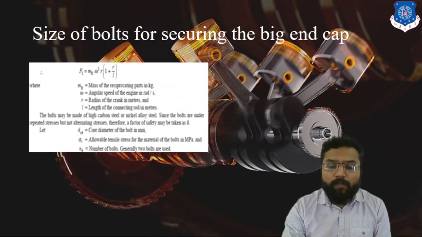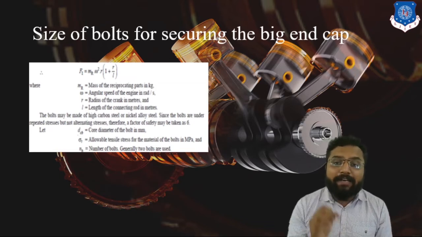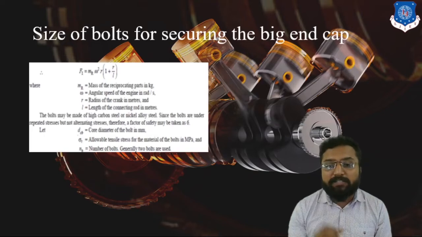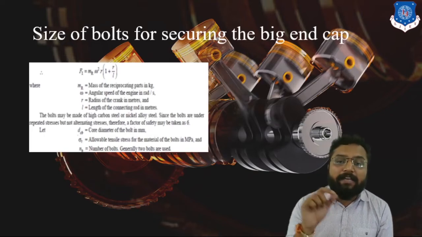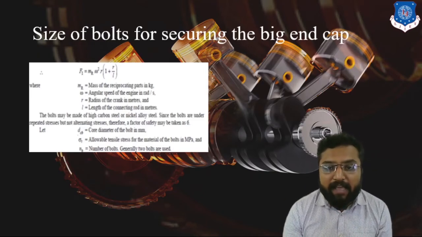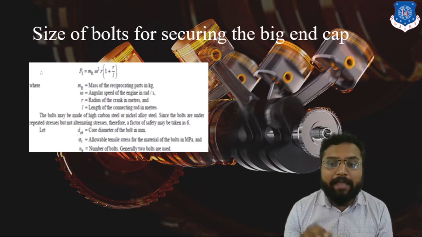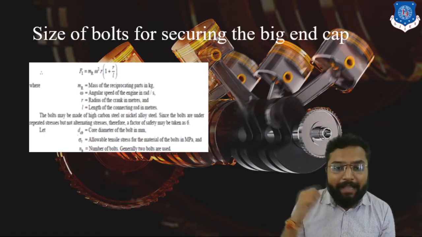The force experienced by this bolt is a reciprocating force. You have studied about this in design of machine elements, or DOM, which is the force generated due to reciprocating mass: Fl is equal to mr into omega square into r into (1 plus r by l). Clear? Where r is the radius of the crank.